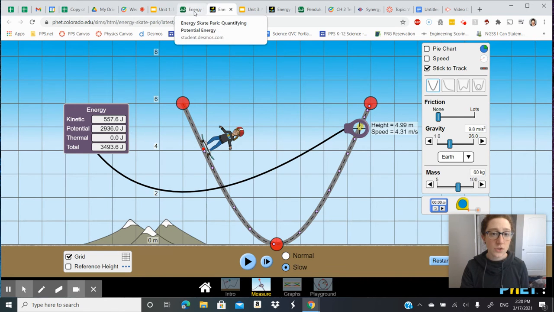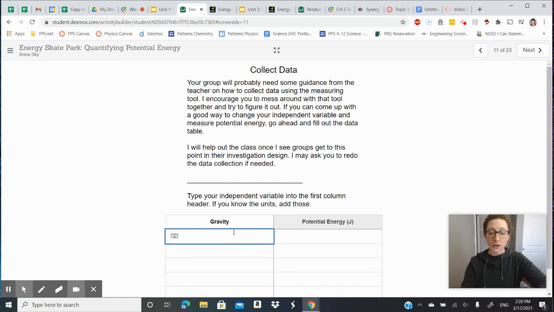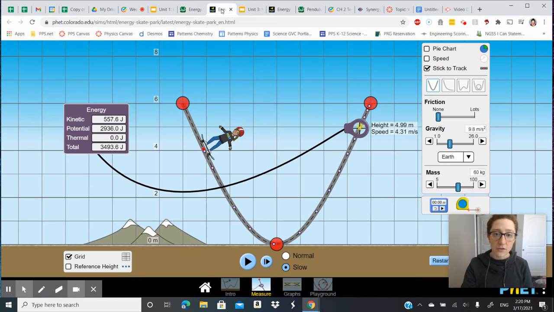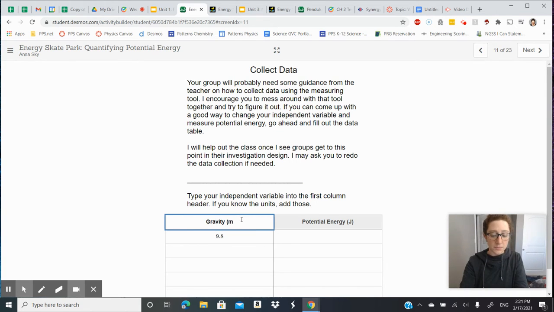So I'm going to go to here, where I have my independent variable that I'm going to be plugging in. In this case, my independent variable is gravity. I'm going to put in my value for gravity. Looking over here, I see my gravity is 9.8 meters per second squared. So I'm going to plug in 9.8 here and put in the units, meters per second squared. If you want to be really nitpicky, you can put the squared like that.